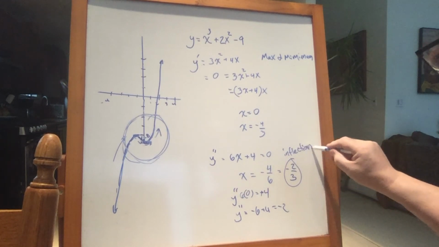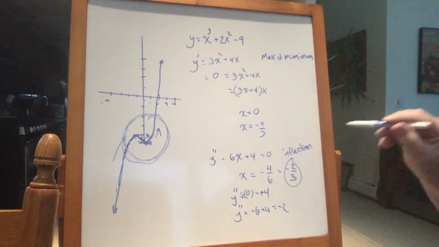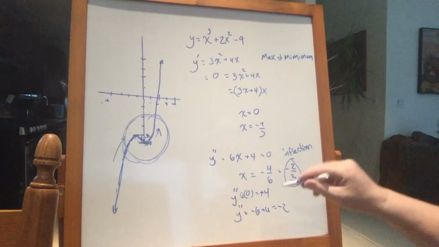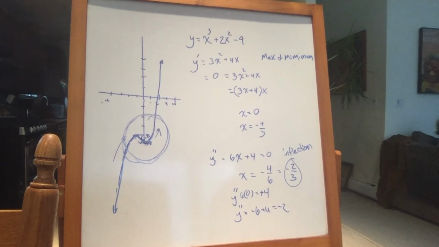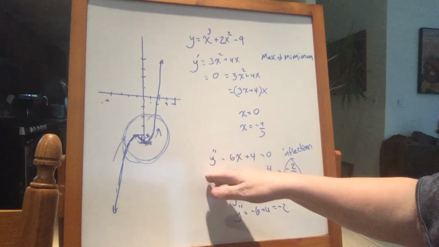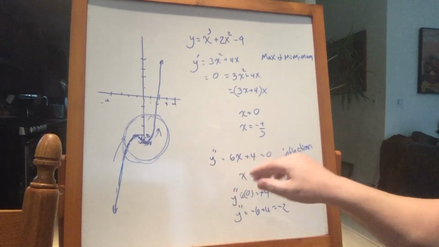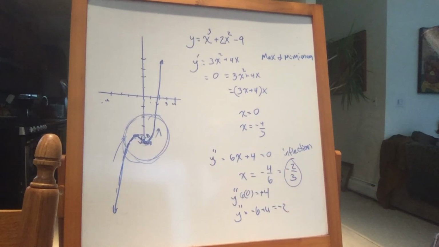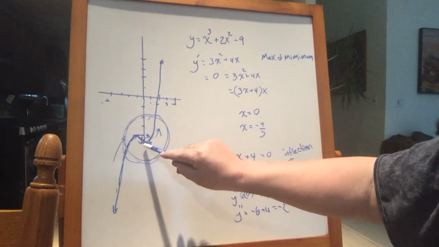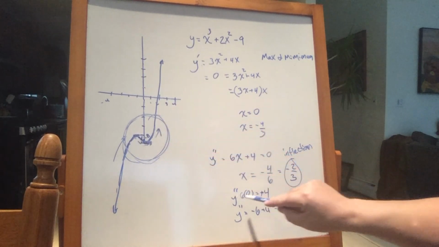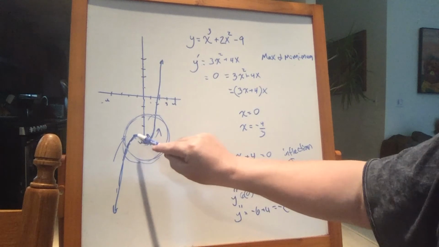And all an inflection point is, is the point at which the curve changes direction. And knowing whether it's negative or positive before and after the inflection point tells you which way the curve is changing. So here we've got our local maxima and minima. We've got our inflection point.